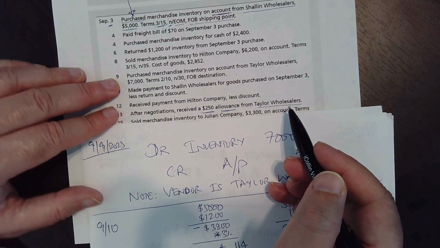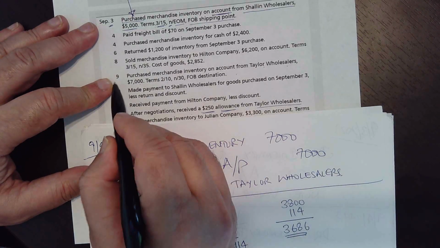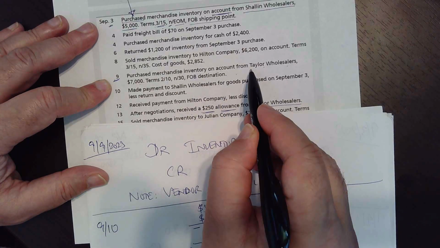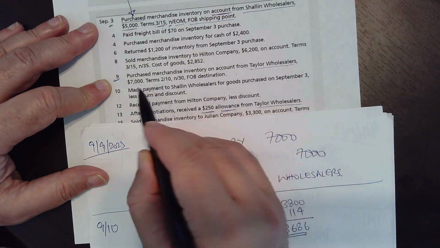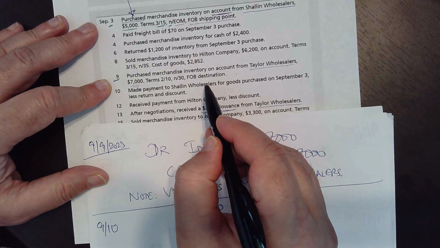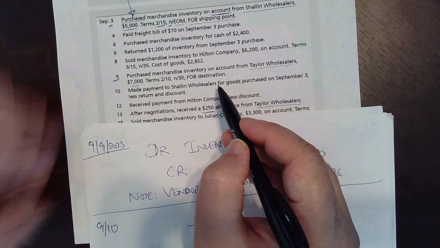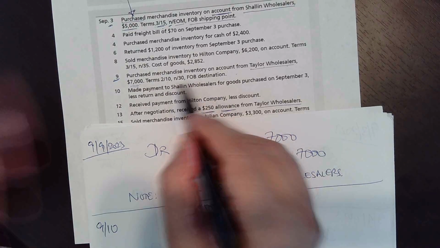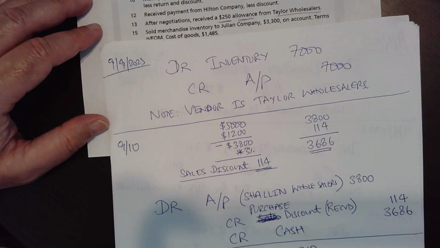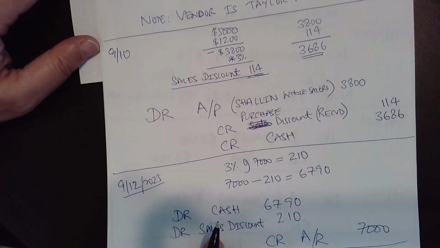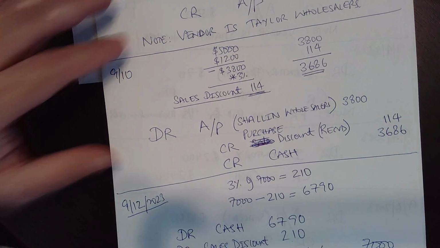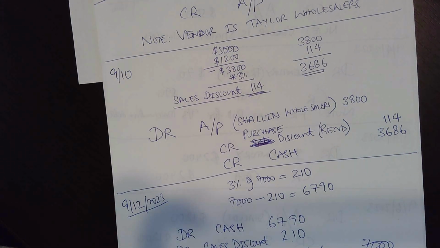If you look, the Taylor Wholesaler name appeared on September 9 when we purchased merchandise inventory on account from Taylor Wholesalers for $7,000, and that was the transaction. So we received an allowance. So when we receive an allowance, what kind of information do we have to give here?